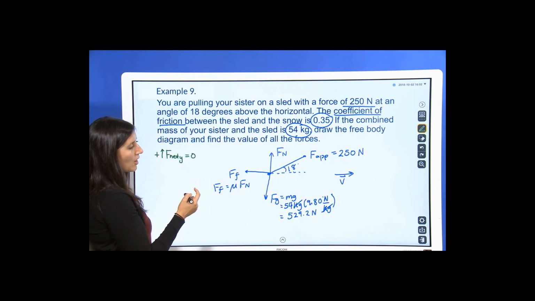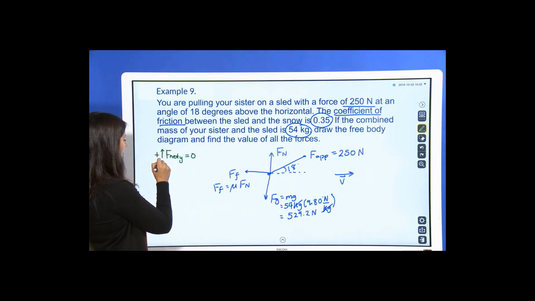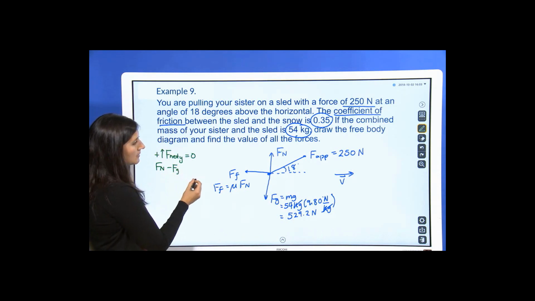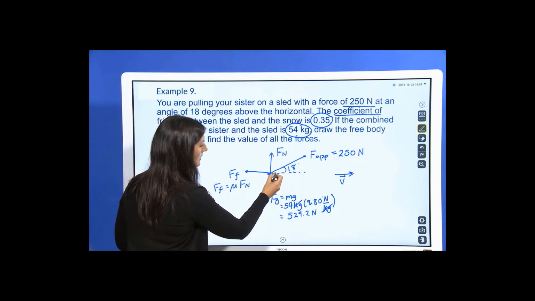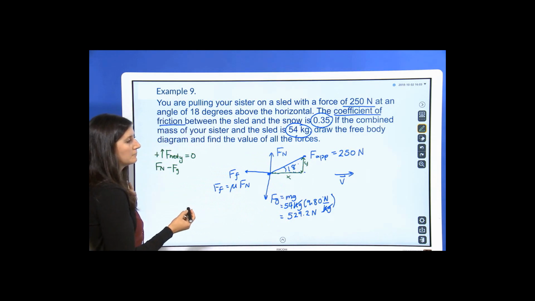So let's list off all my forces in the y direction. I have the normal force, which is Fn. It's going upwards, so it's positive. I have my force of gravity, which is pointing downwards, so it's negative. And I have the y component. This is my x component. This would be my y component of my F applied.